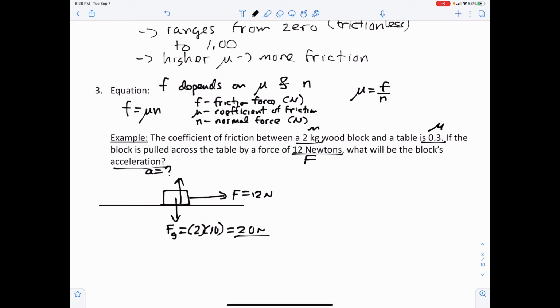Since the normal force going up balances gravity, normal force will also be 20 newtons. Lastly, we have the force of friction. The force of friction is going to be, what's the equation? Friction is fun. F equals mu times normal force.